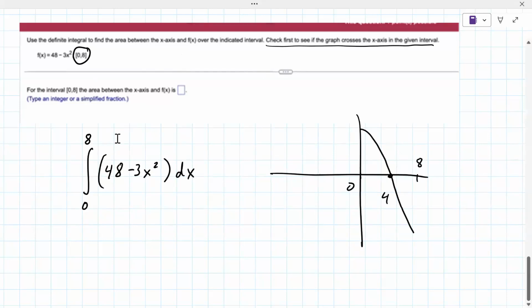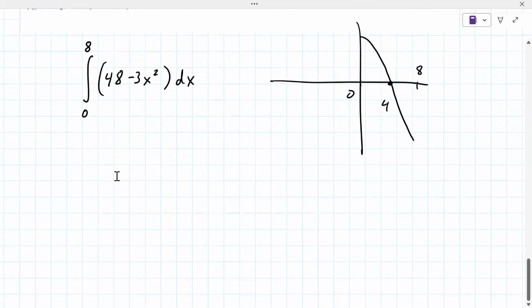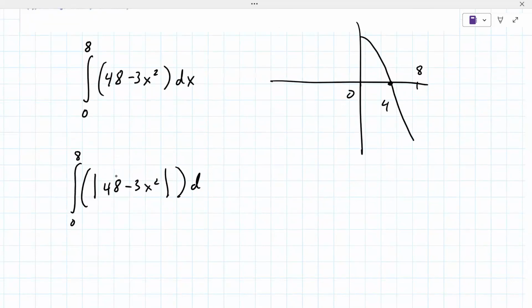What you're supposed to do is break this up into two separate integrals, but you can work around it by using the absolute value. So if you do the absolute value of 48 minus 3x squared, it will take care of adding the areas together. What I generally tell a lot of students is to just always put that in.